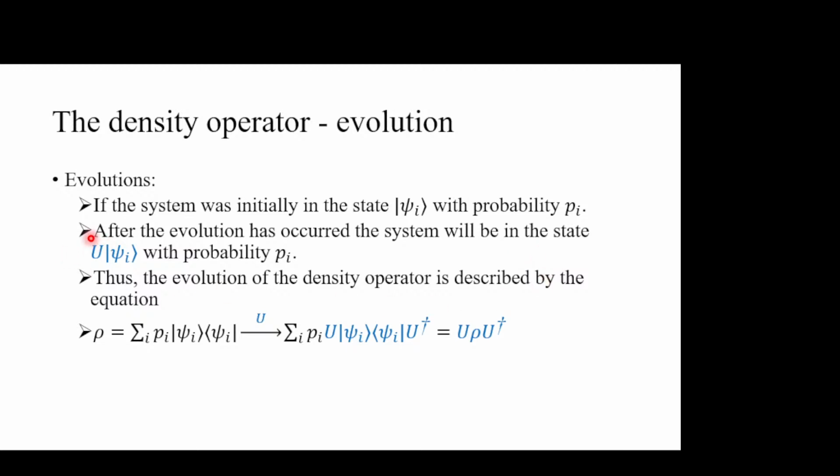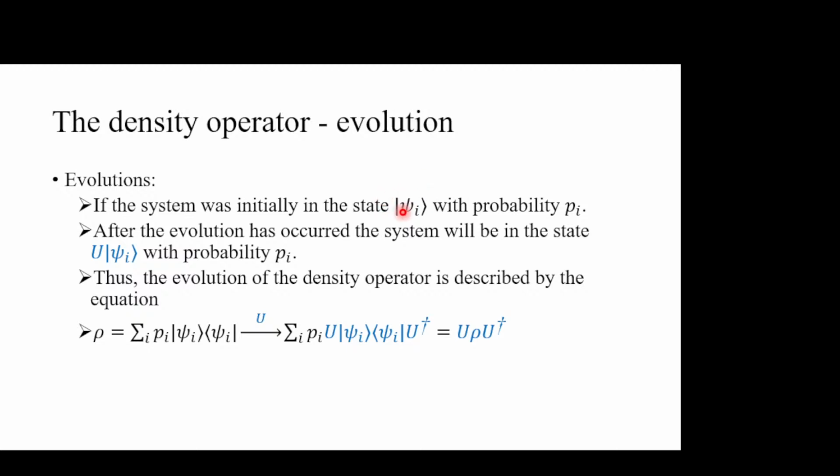The evolution of a quantum system is described by some unitary U. Then each state becomes U psi_i, which is how a pure state evolves through our quantum postulate. This evolution should not change the probability distribution, so each one still has probability p_i.